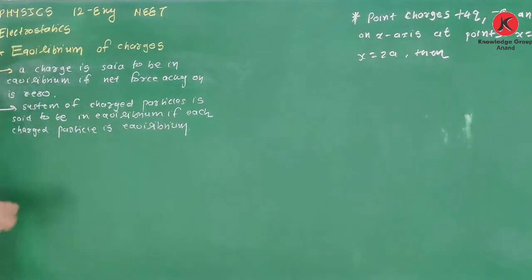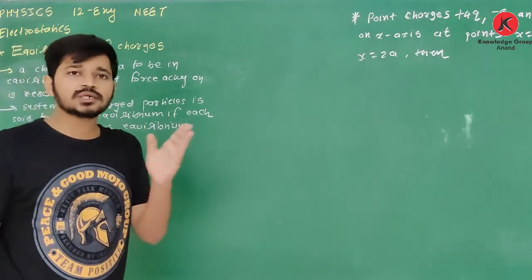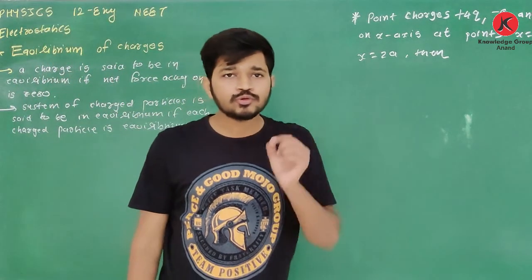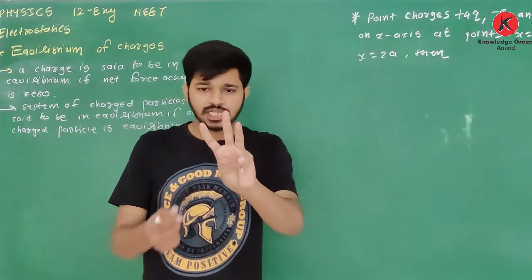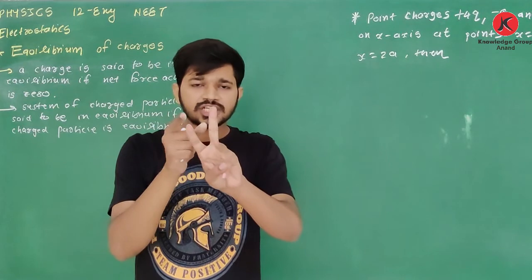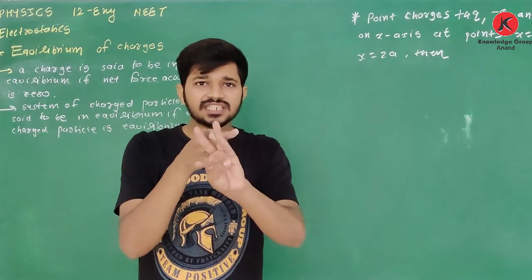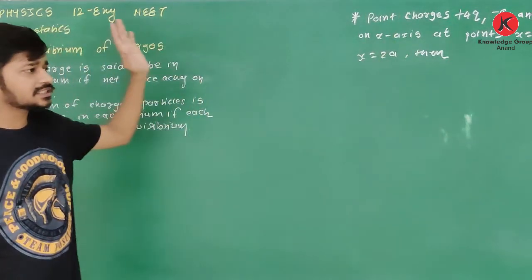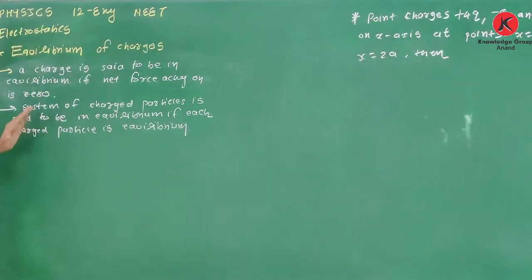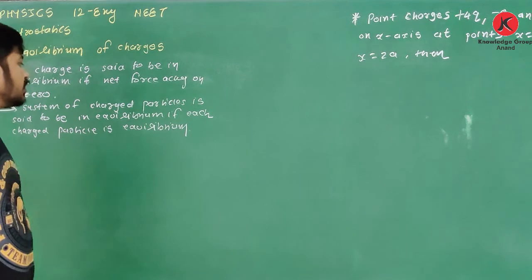So whenever you are given a system of charges, you have to find forces acting on each charge. If you are given three charges, then find the resultant force acting on the first charge, the second charge, and the third charge. And if the force acting on each of the three charged particles is zero, then the system is said to be in equilibrium.